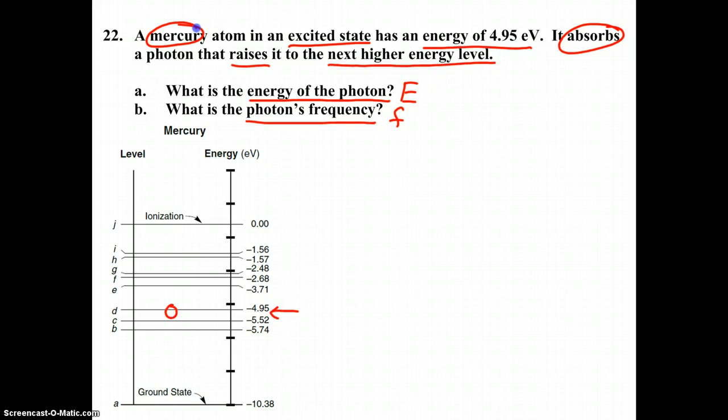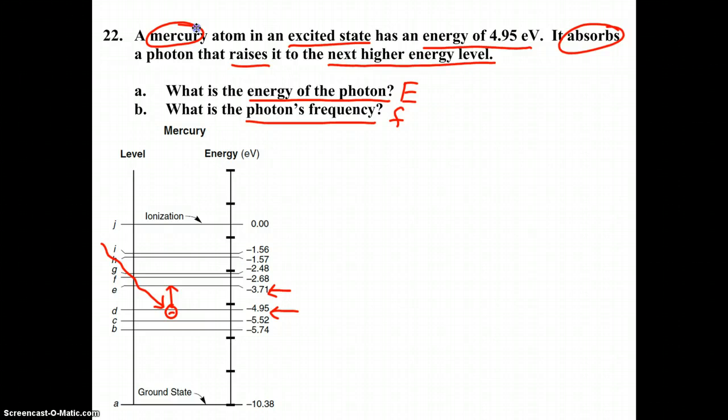Okay, so the electron is here, and it says it absorbs a photon. So that means the photon comes in, and it absorbs that photon, raising it to the next higher energy level. And that, of course, would be there. And the next higher energy level is the 3.71 electron volts.